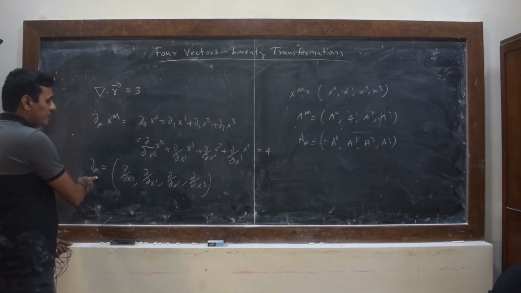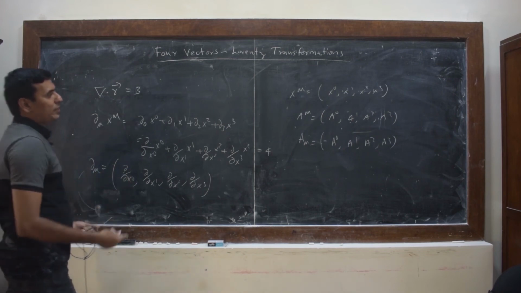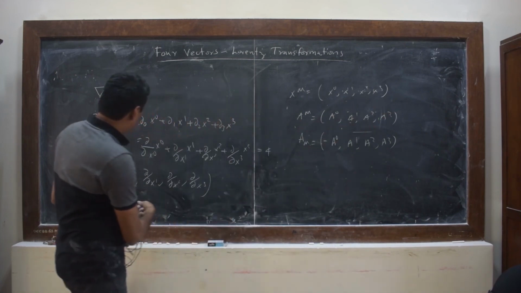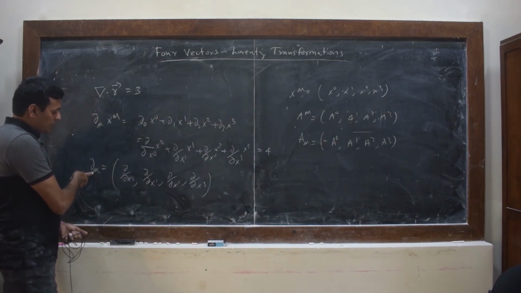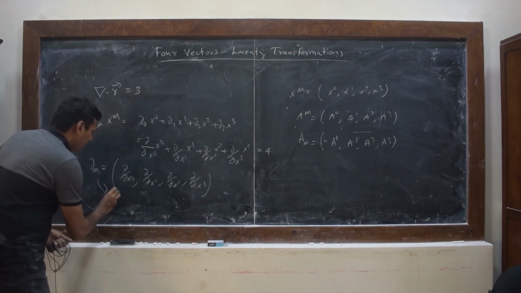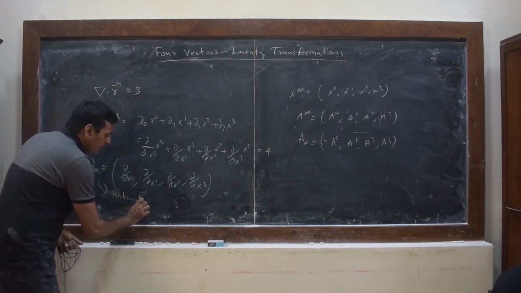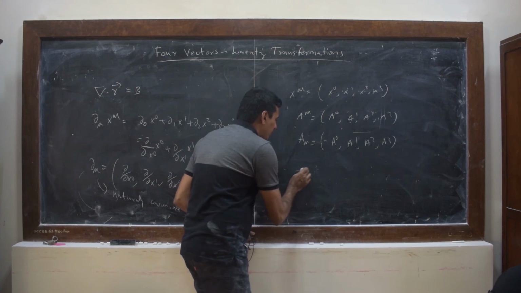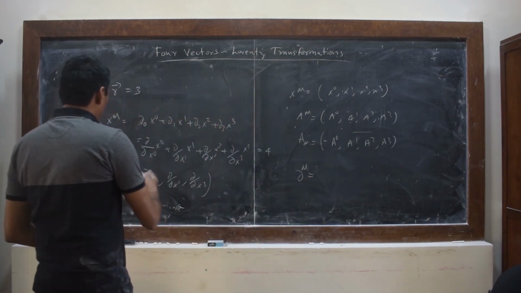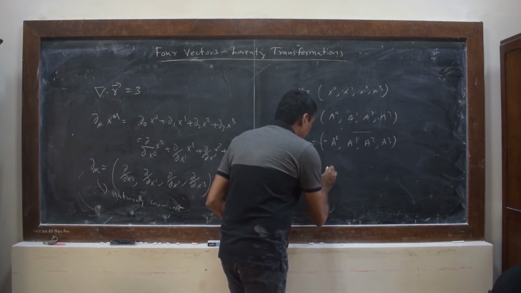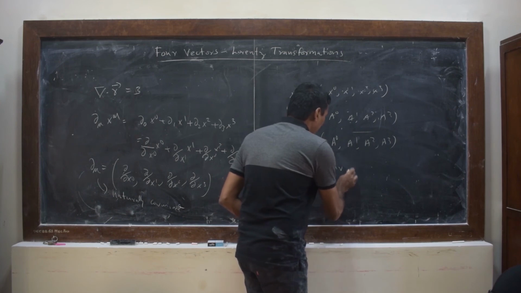But here if you look at this del mu, you can see that all are positive, and in this context the divergence operator del mu is naturally covariant, okay. And so, what do you get then if you want to get del upper mu? Del upper mu is going to be G mu nu del nu, okay.